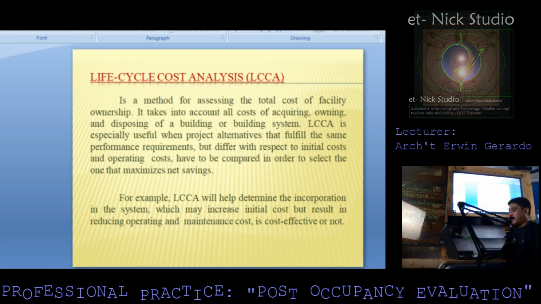For example, life cycle cost analysis will help determine whether incorporating a feature in the system, which may increase initial costs but result in reducing operating and maintenance costs, is cost effective or not.